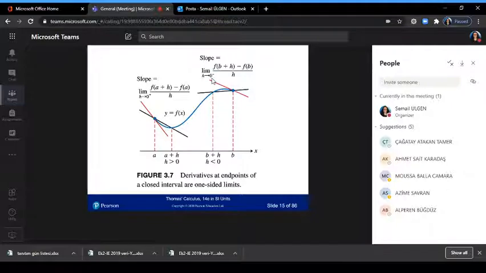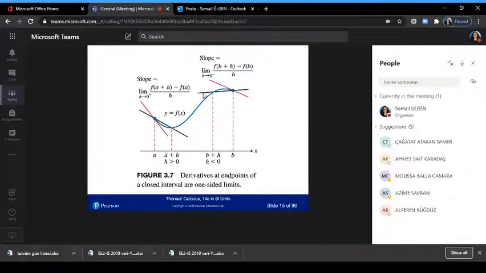On the other hand, if you look at a, we are going to be approaching a from the right. So our h is going to be taking positive values: f(a + h) minus f(a) over h.